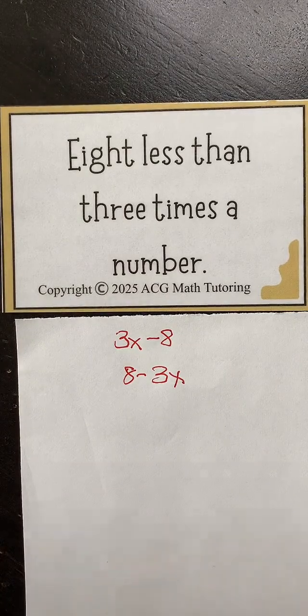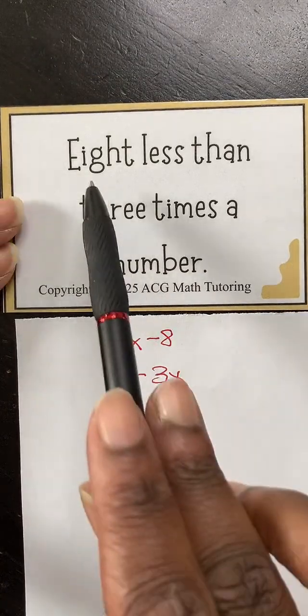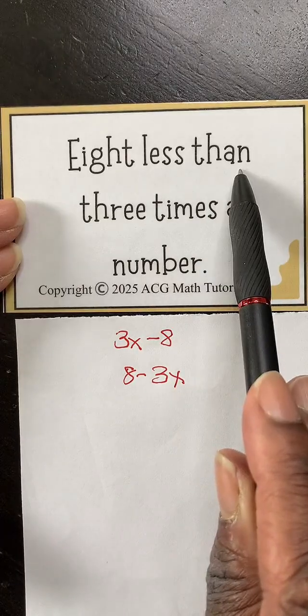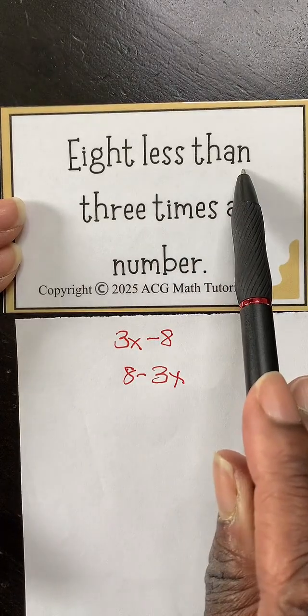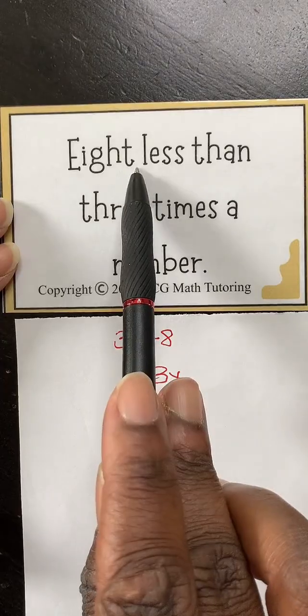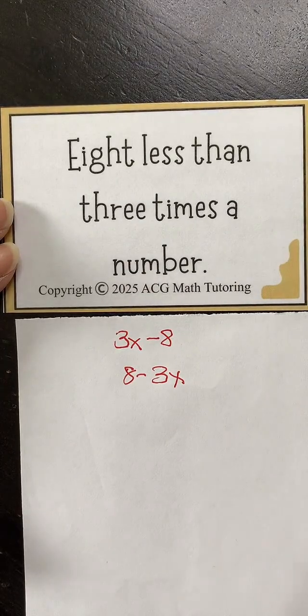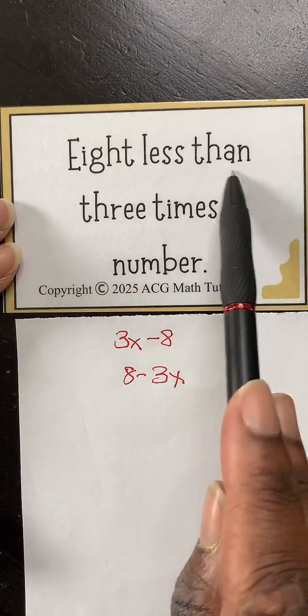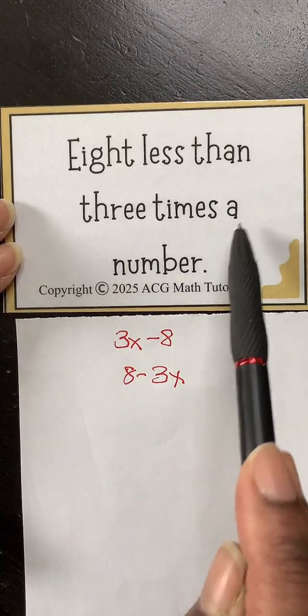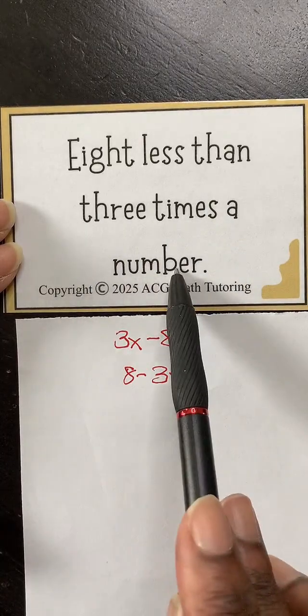Listen to what they're saying. So 8 less than. Less than is subtraction. If it said is less than, that's an inequality. So I love the fact that everyone did subtraction. Good job, okay?